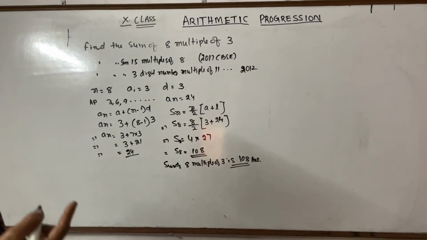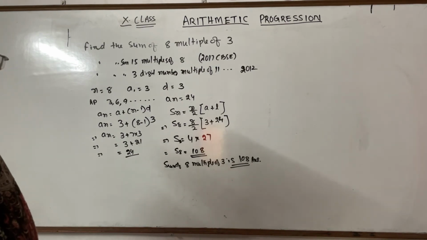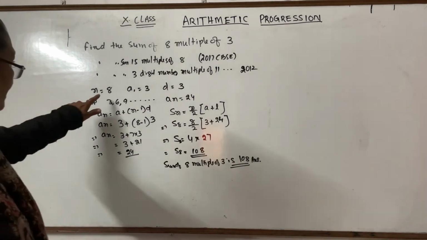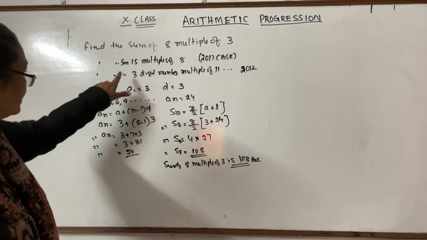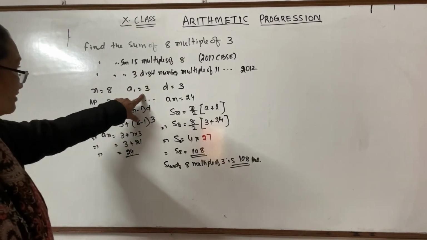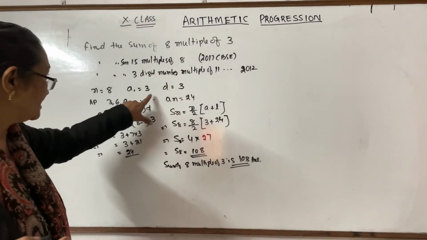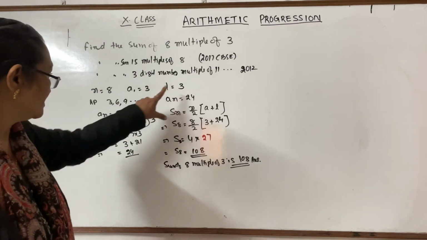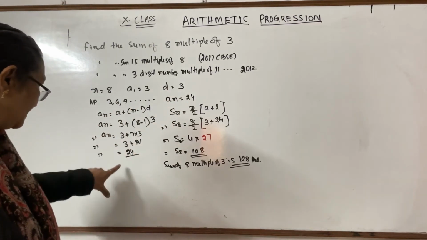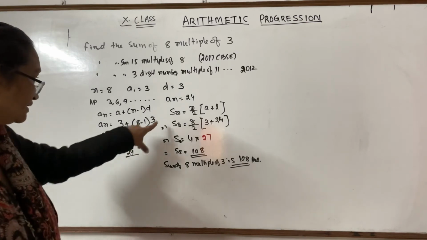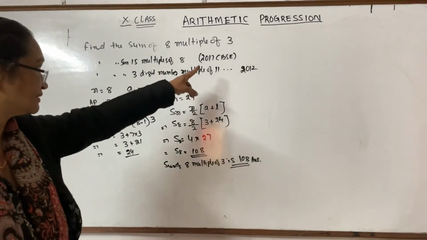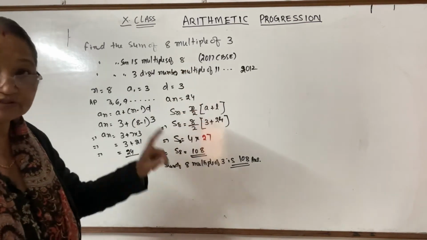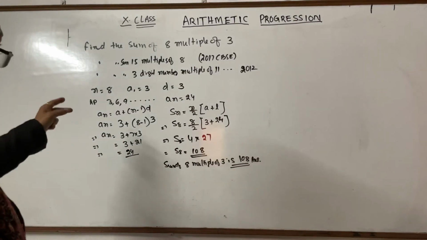Next will become 16, then 24, and so on. We know the number of terms, 15. A1 we know, A1 is 8. And D we know, it is 8. We don't know the nth term. To find the nth term, you will do it this way. Then you can do Sn. This sum you can do the same way. You try. If you can't, you can give it in the comment box.